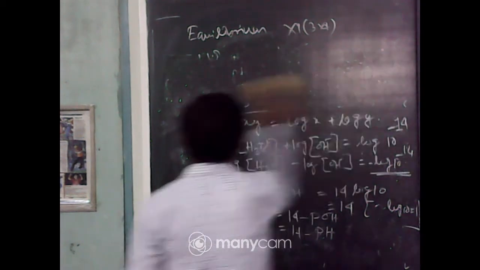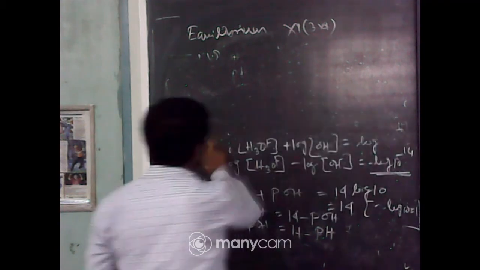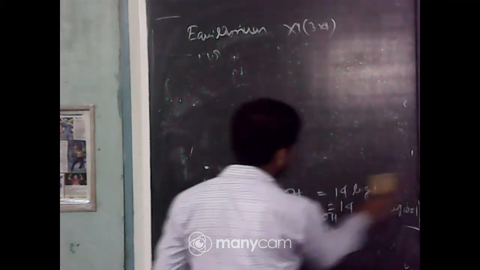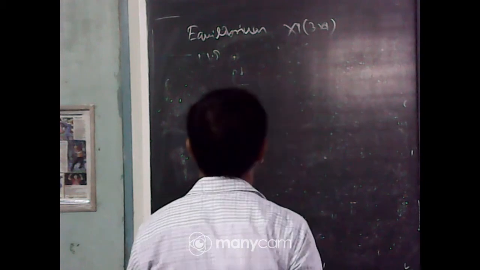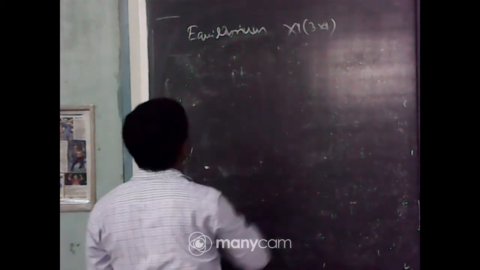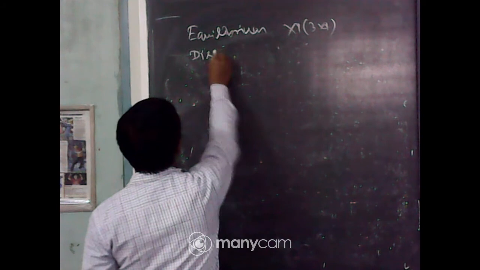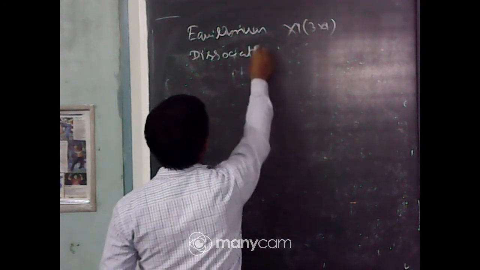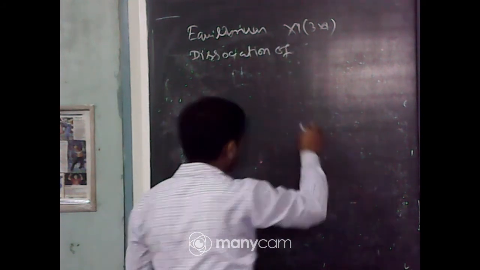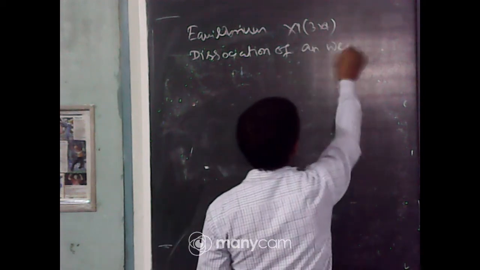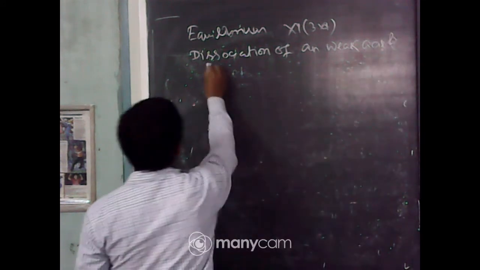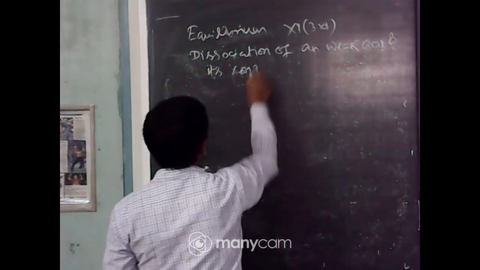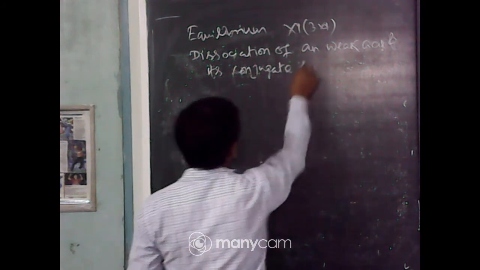Now, next step, it will be the dissociation of a weak acid and its conjugate base. So, the topic is dissociation of a weak acid and its conjugate base.